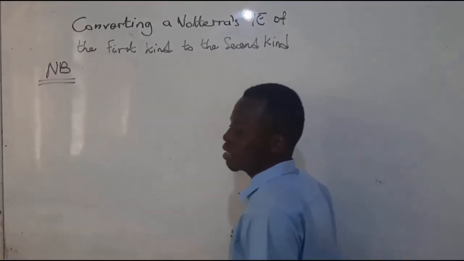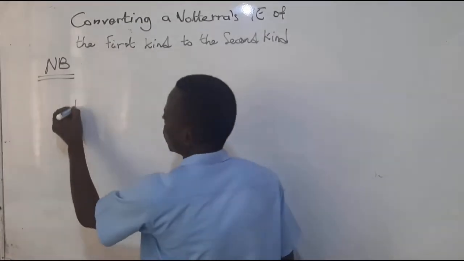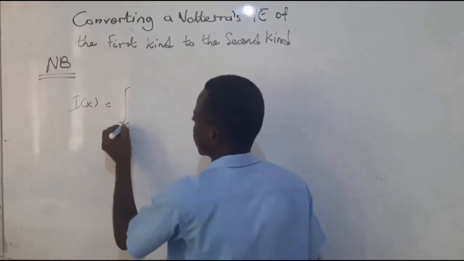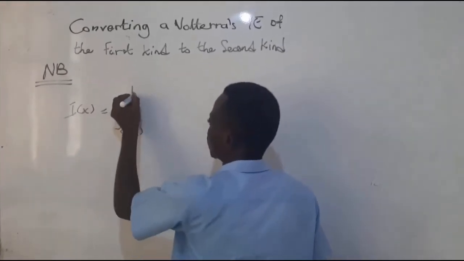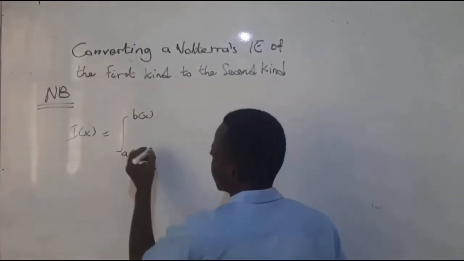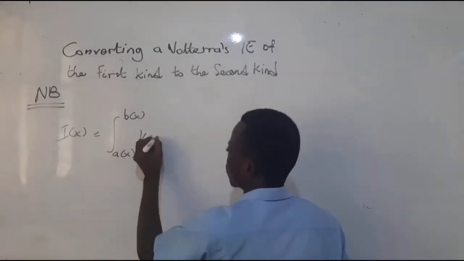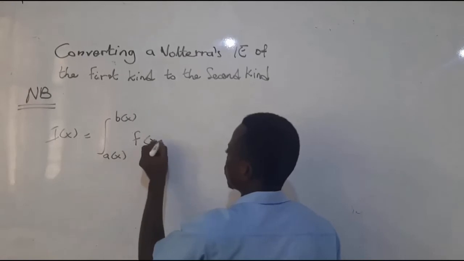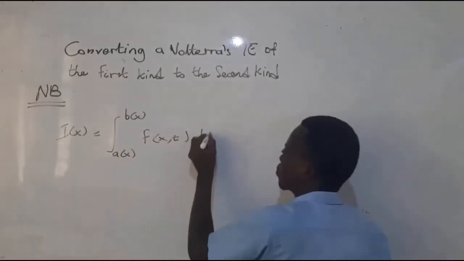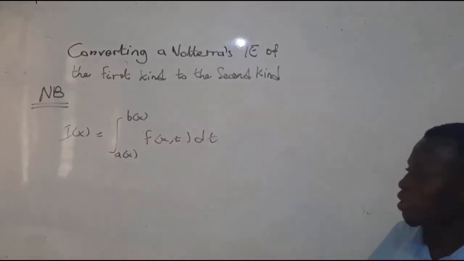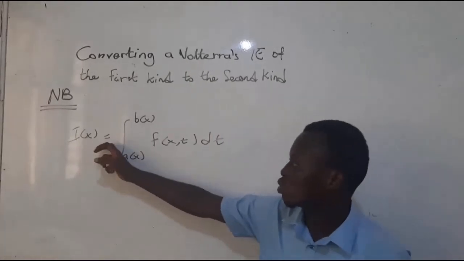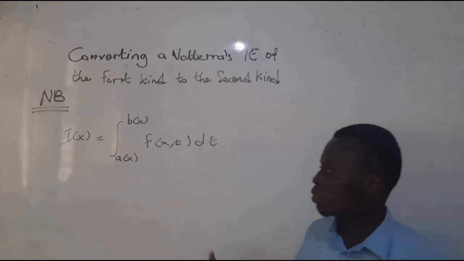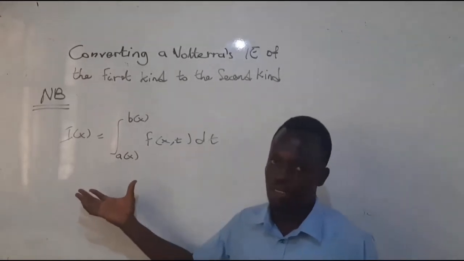If you are given an integral, this integral I is equal to the integral from a to s of f(s, t) dt, and you pass it through a differential operator.